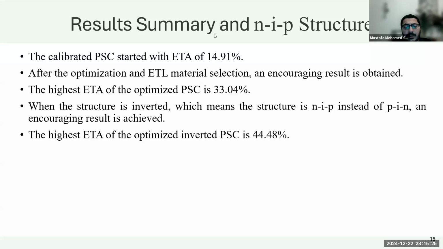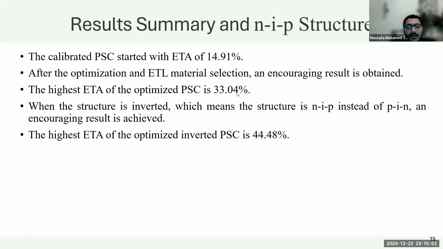Result summary: the calibrated polymer solar cell started with eta of 14.91. After the optimization and electron transport layer material selection, we achieved the highest performance with eta of 33.04.